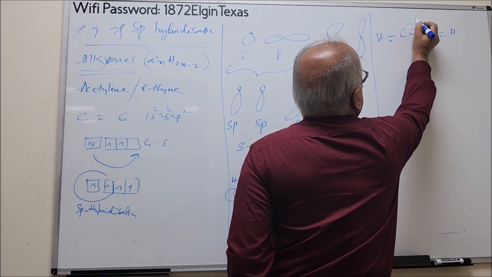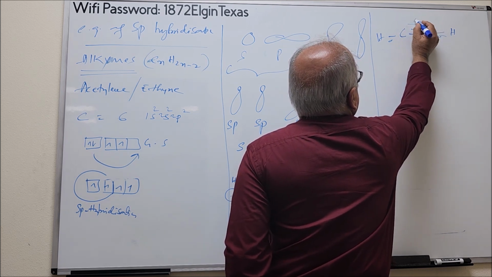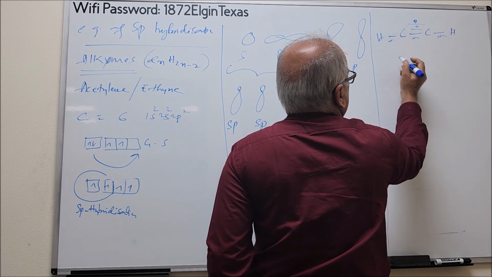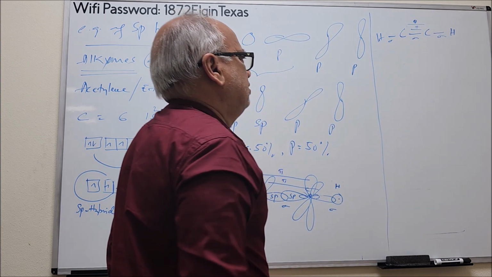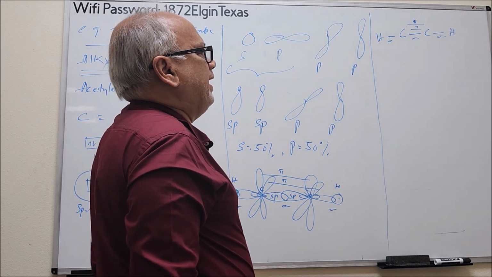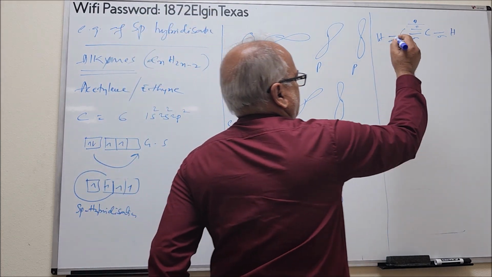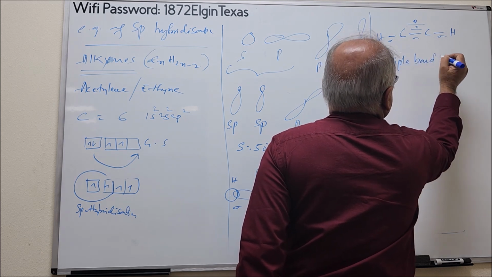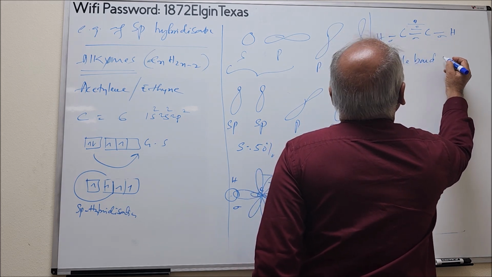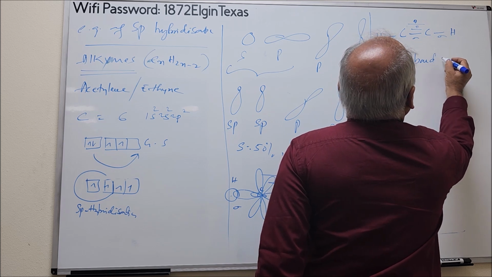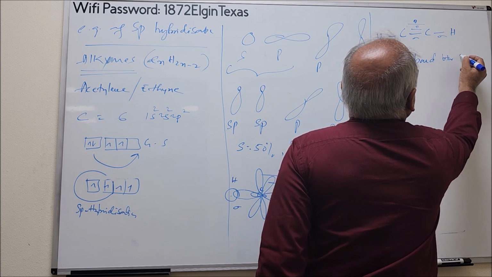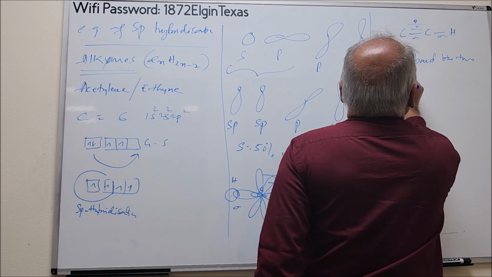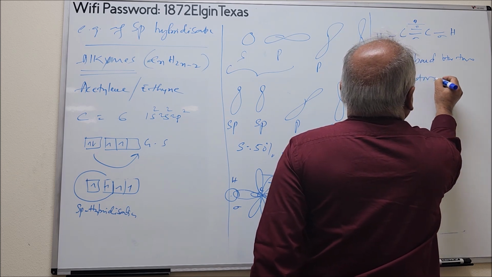This is a pi bond, and here is another pi bond. So there is a triple bond between the two carbon atoms.